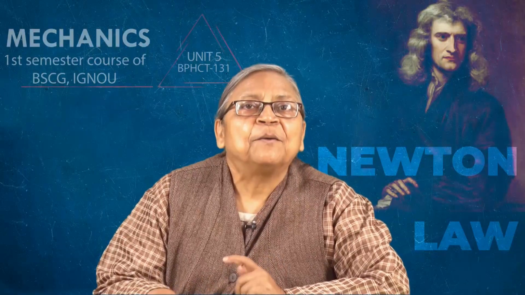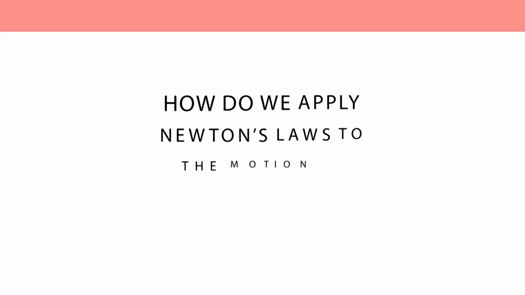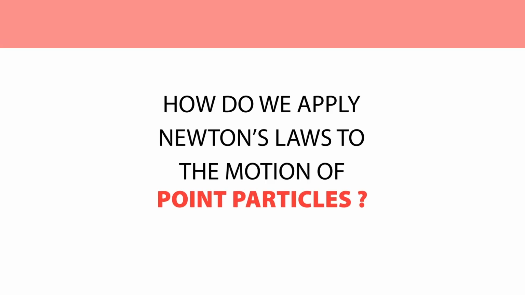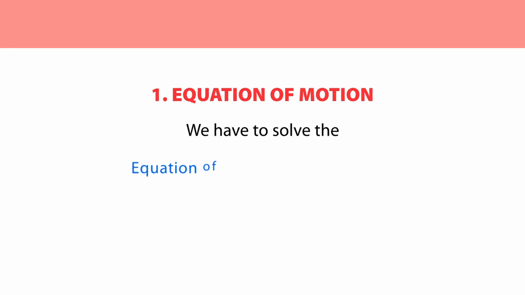Now, we come to the next question. How do we apply Newton's laws of motion to the motion of point particles, right? So, remember the equation of motion? We have to solve this equation. F is equal to ma.